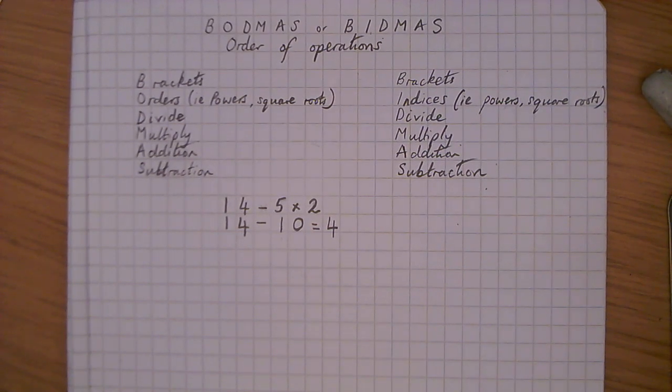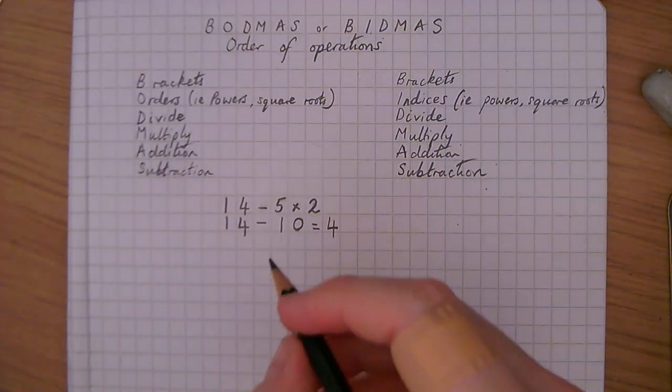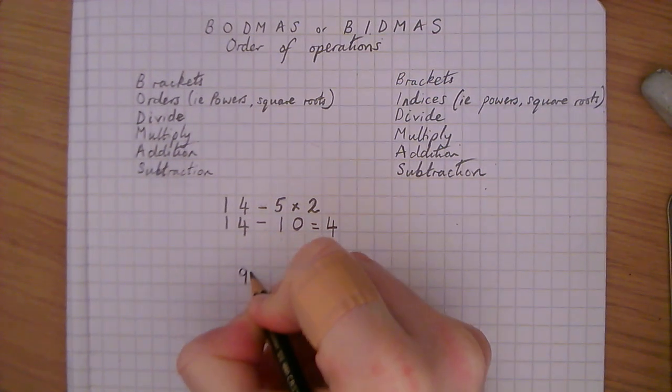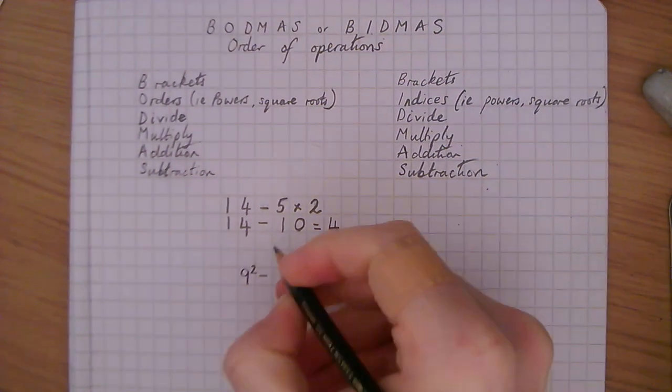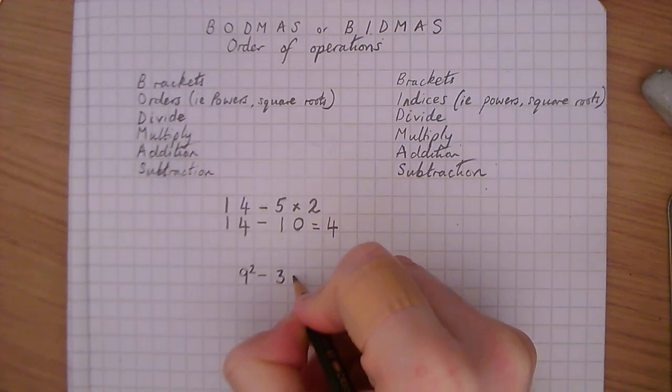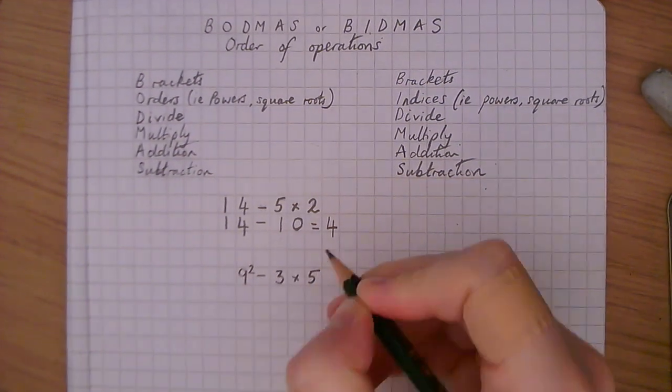Let's look at a different example. Let's have a look at this one: 9 squared minus 3 times 5.